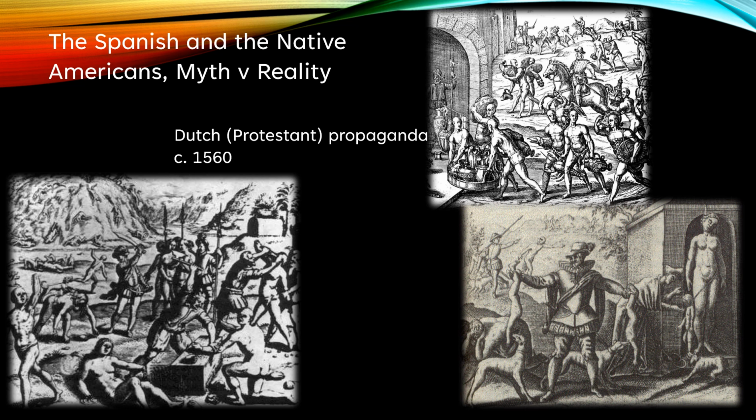In the background, you see them chasing these Native Americans around and harassing them, tormenting them. In the image on the lower left, they've tied these people up to stakes in the ground and they're just beating them. On the right edge, you see one fellow gouging out the eyes of another Native American.